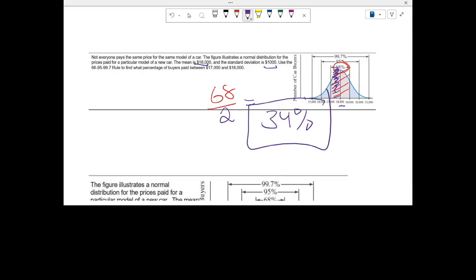So y'all, I really want to know what percent paid in this piece. Well, we know that the people that paid in this region, in the red area, is 68%, right? But aren't we only taking that part of it? So we're going to take that and divide it by 2. And that would give me 34%, right?